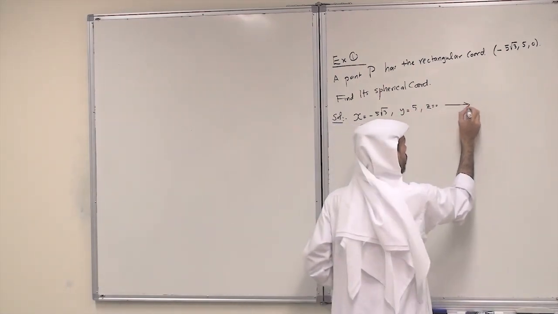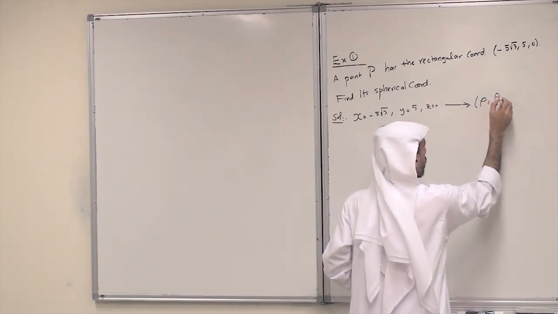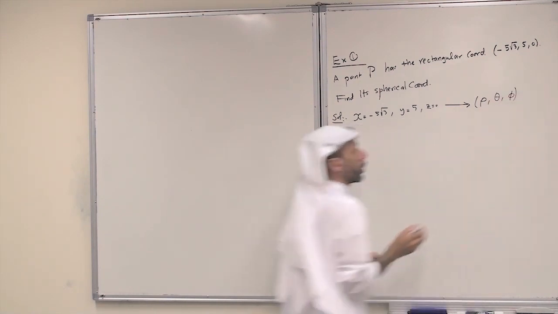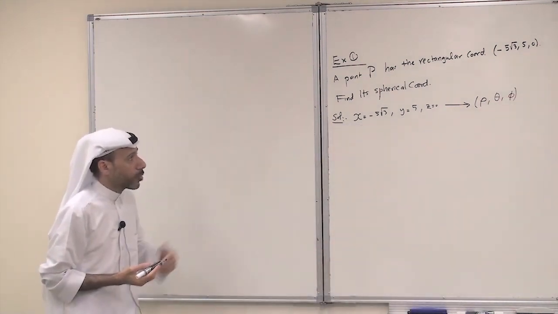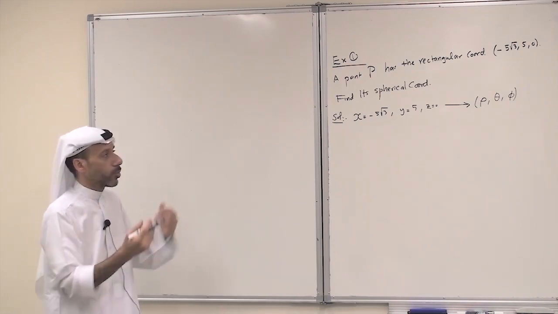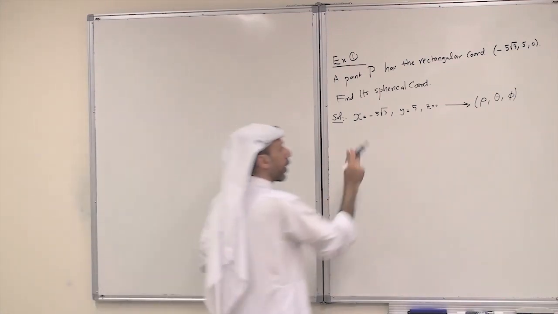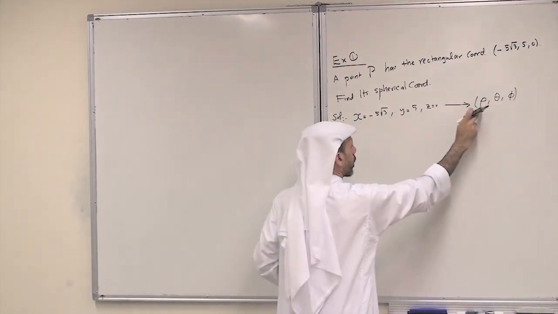And we need to find the spherical coordinates rho, theta, and phi. To find them, we use the relations connecting rectangular and spherical.